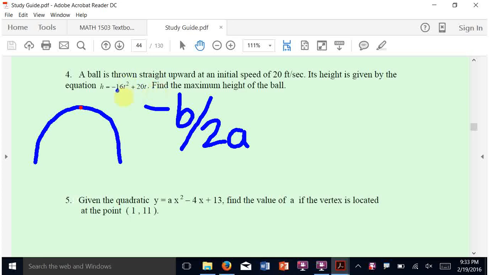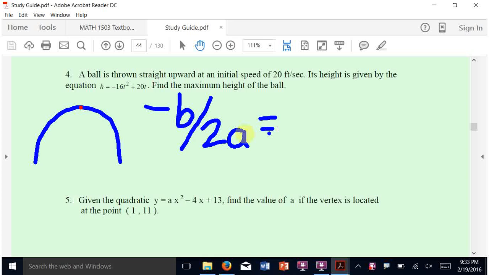So sometimes, these can be rearranged so that you'd have a 20t up front minus 16t squared. But you should recognize that our A value is always the coefficient of the variable squared. It's the coefficient A.